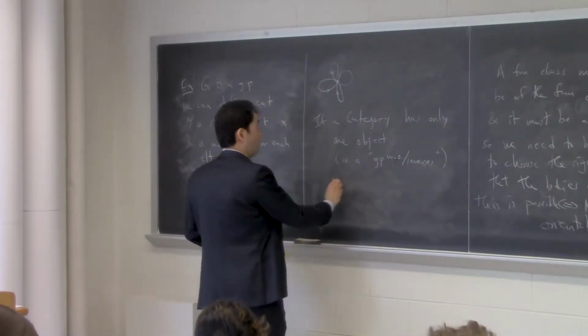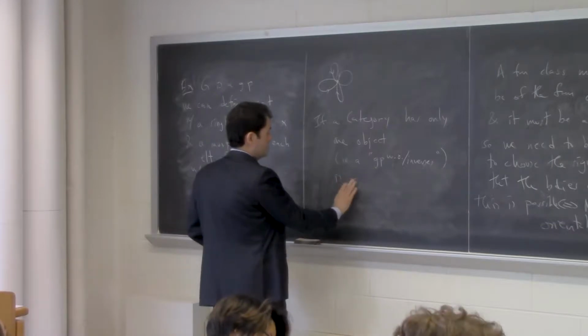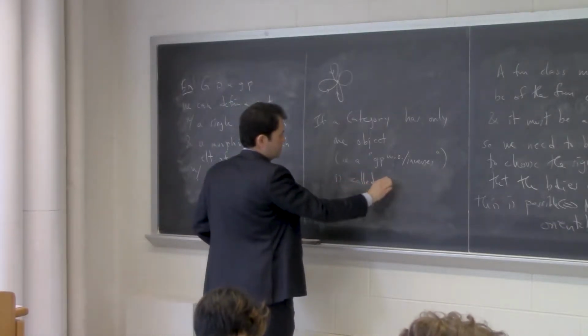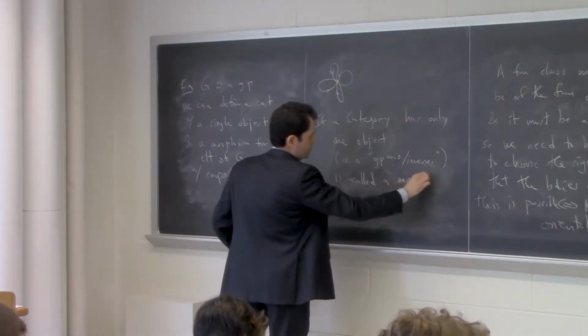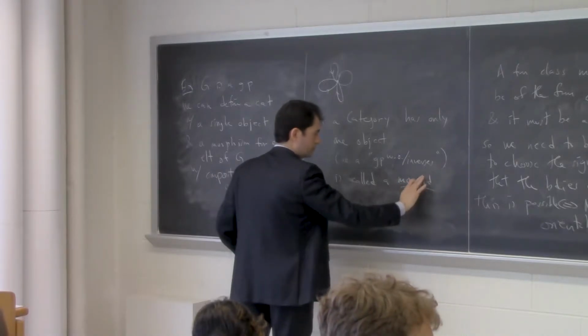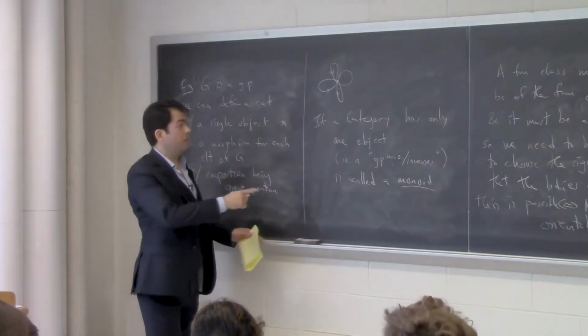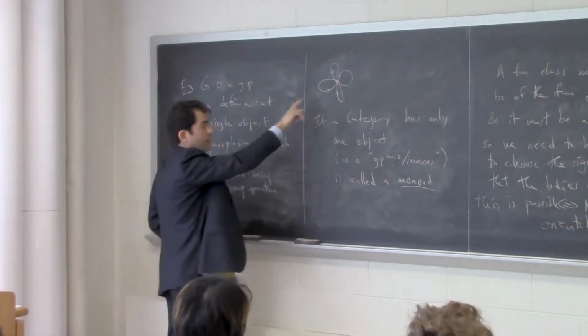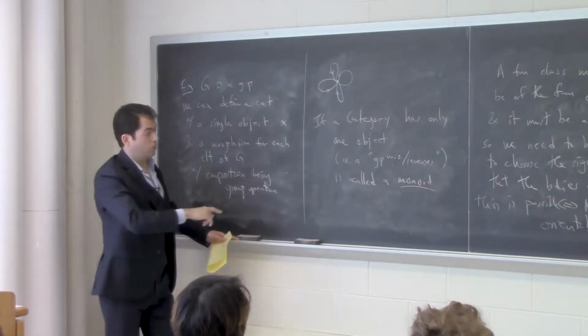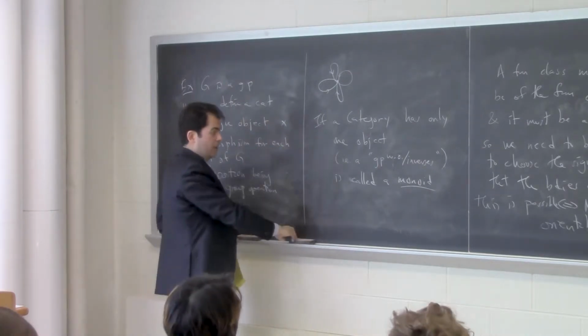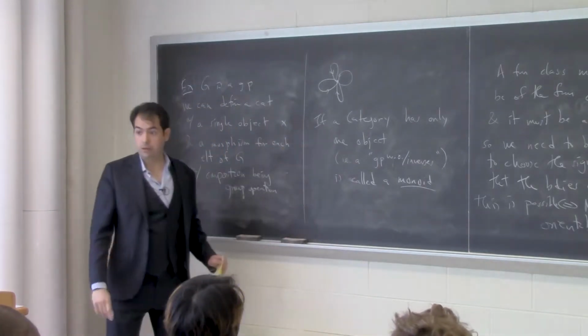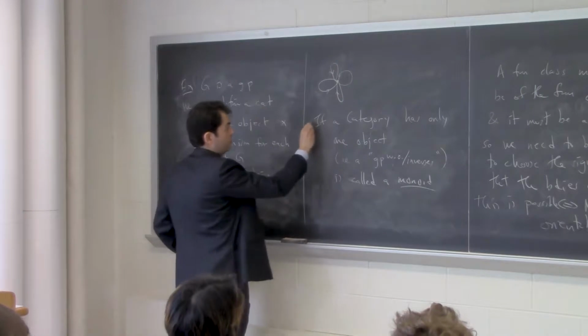This is called a monoid. You could generalize this the other way, because here we have one object and every arrow has an inverse. Wait, I thought you said there's no inverses. So that's in this case.